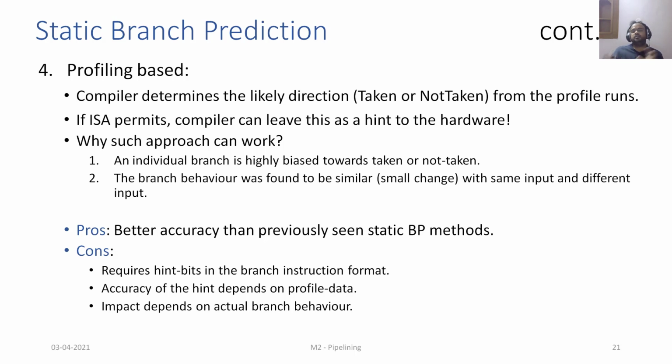It means that we have saved 600 cycles. The additional drop in performance because of control hazards earlier was 1,000 cycles, now it is only 400 cycles, right? That is the reason branch prediction was taken up very seriously, and a lot of interesting work was proposed, but not in static branch prediction, in dynamic branch prediction.